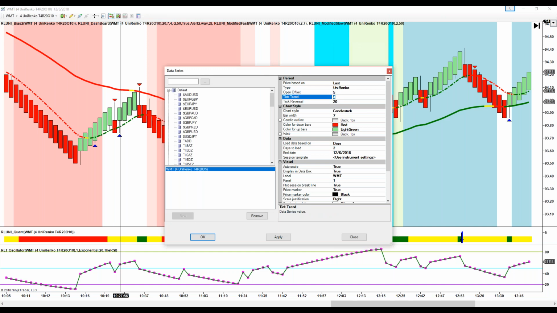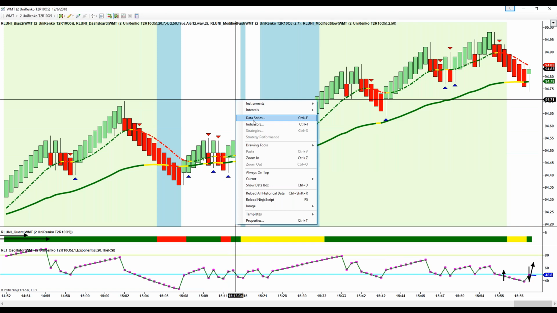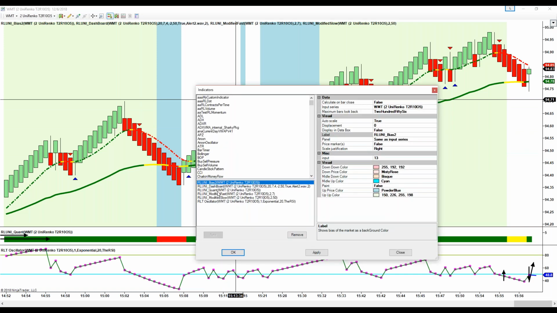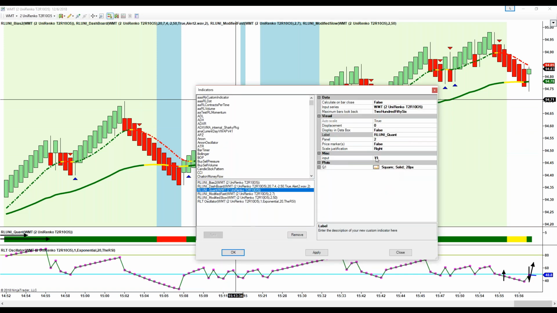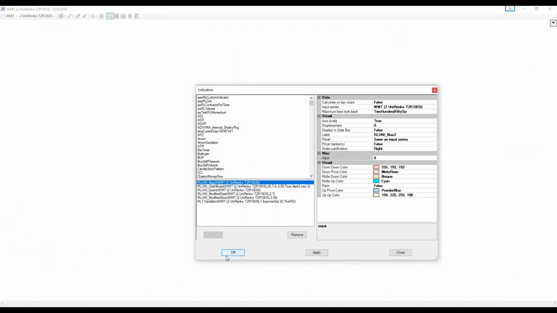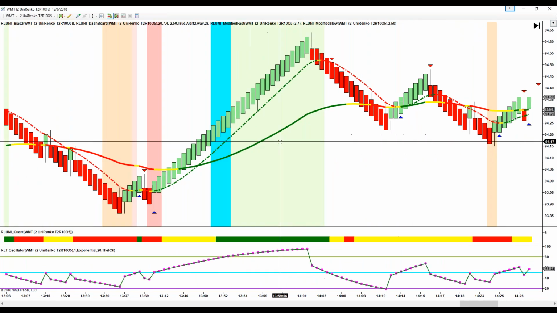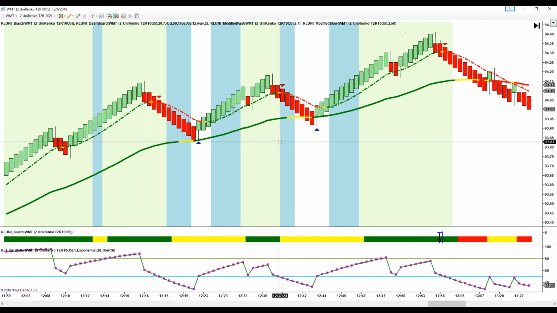So let's take it on a 5-2-10 and change the speed of the quant to 8 and background bias to 8. And I think it's going to trade better. Let's see if we get anything here.